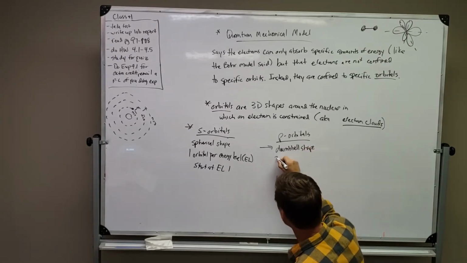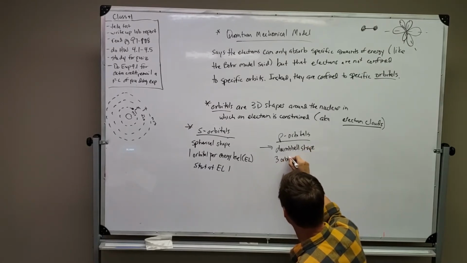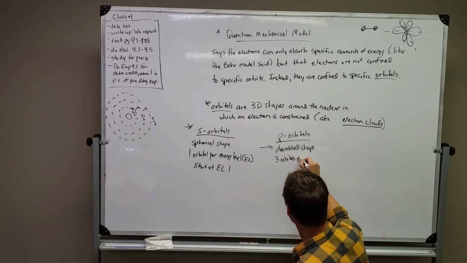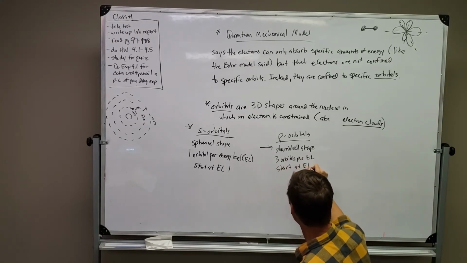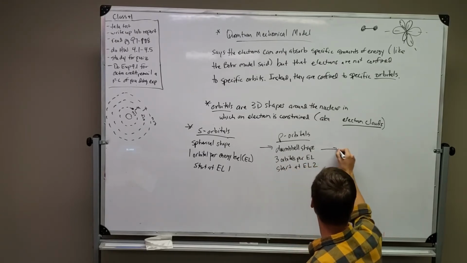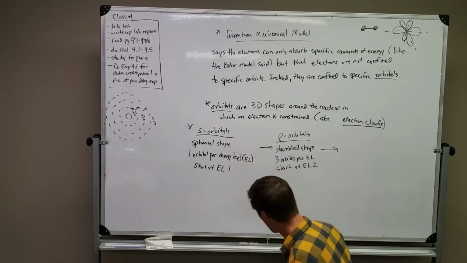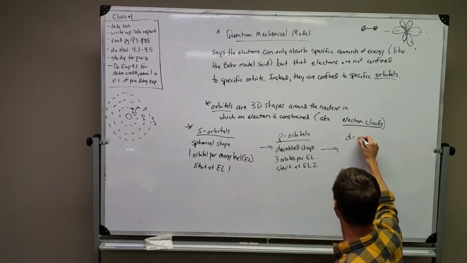They have 3 orbitals per energy level, and they start at energy level 2.